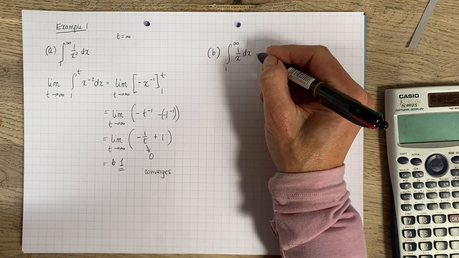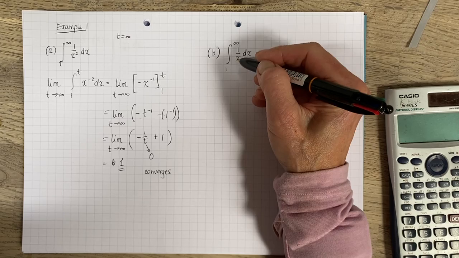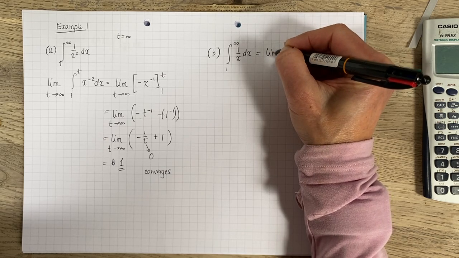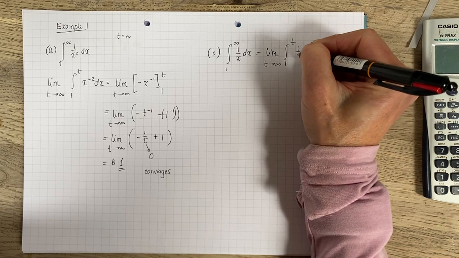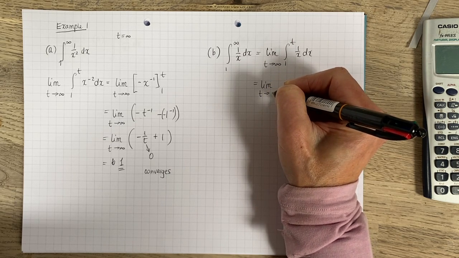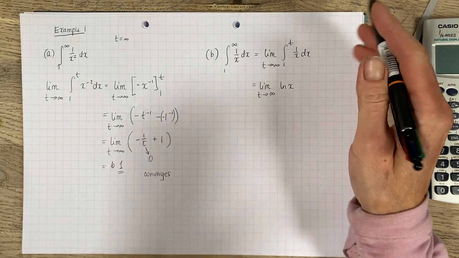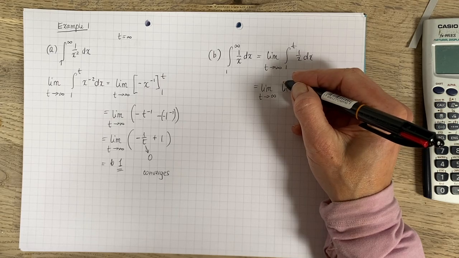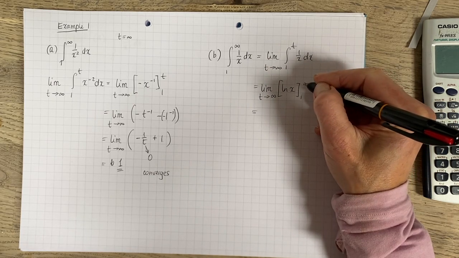Okay, over here, first of all, you've got 1 over x. It's not defined for 0, but we're not there. But we've also got the infinity, which needs to be replaced with t. So it's t tends to infinity, and we're going to consider this integral. It's going to be ln. We're considering positive values only, so you don't need to put ln of the modulus of x, between 1 and t.